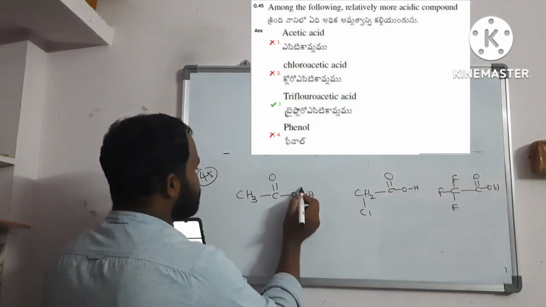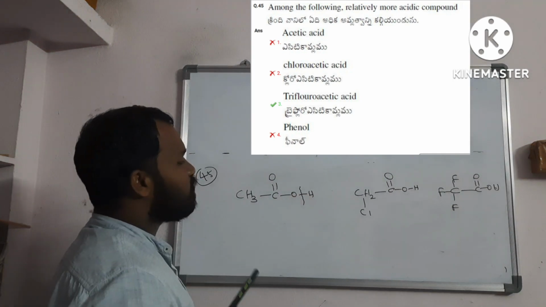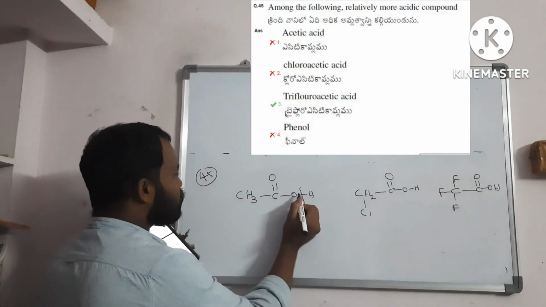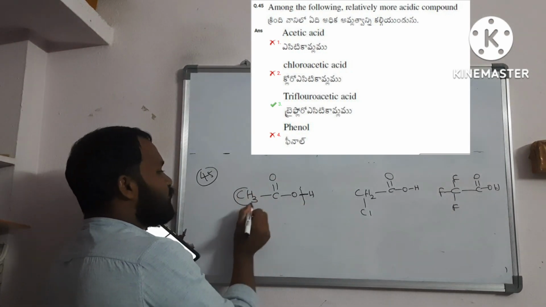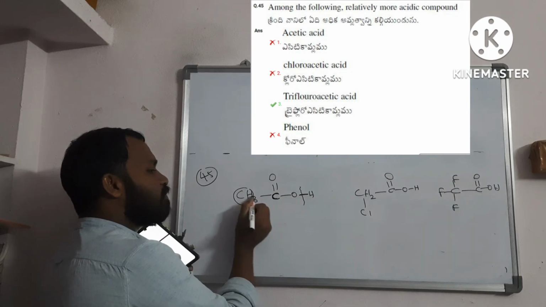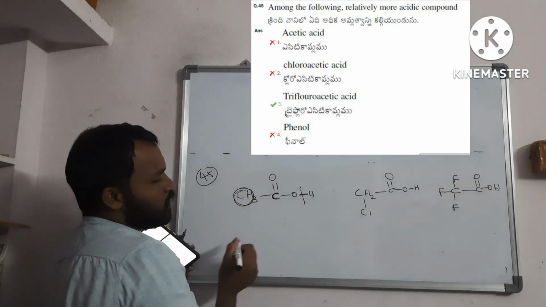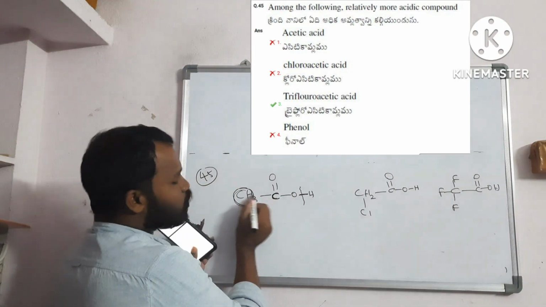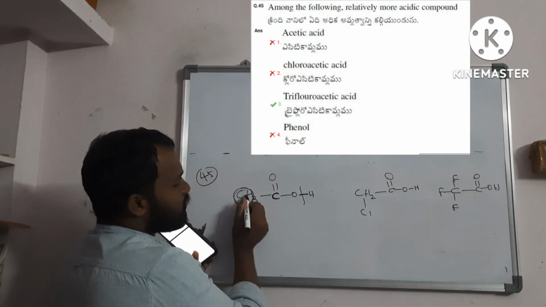So if you break this bond, what happens? To break this bond, something should be withdrawn from the electron-deficient carbon along with this group, so there should be a minus I group, but here it is a plus I group.